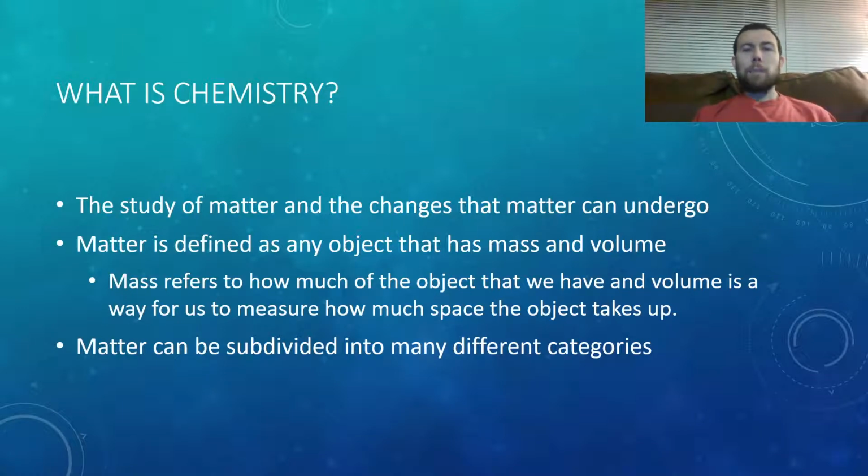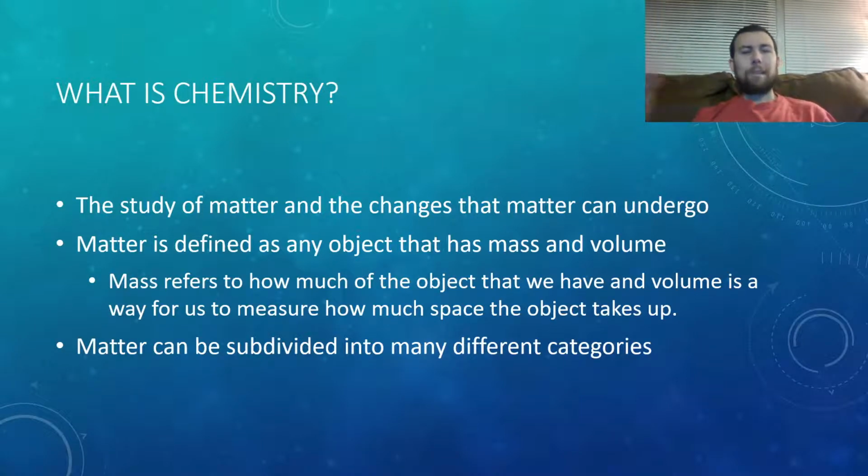Now, as we begin to look at matter, we want to understand that yes, it's an object that has mass and volume, but matter can be subdivided, can be broken down into different categories. And so it's going to be our task to unpack and examine what those categories are.